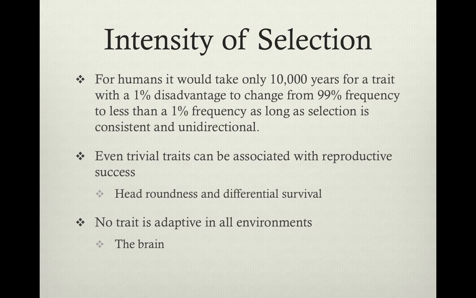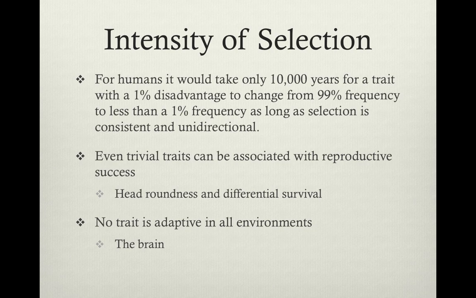And no trait is adaptive in all environments, and really human brain size is one of the best examples of this. We wouldn't have been able to innovate a brain of 1350 cubic centimeters 5 million years ago. We didn't have the diet, we didn't have the technology, we didn't have the culture to be able to support that.